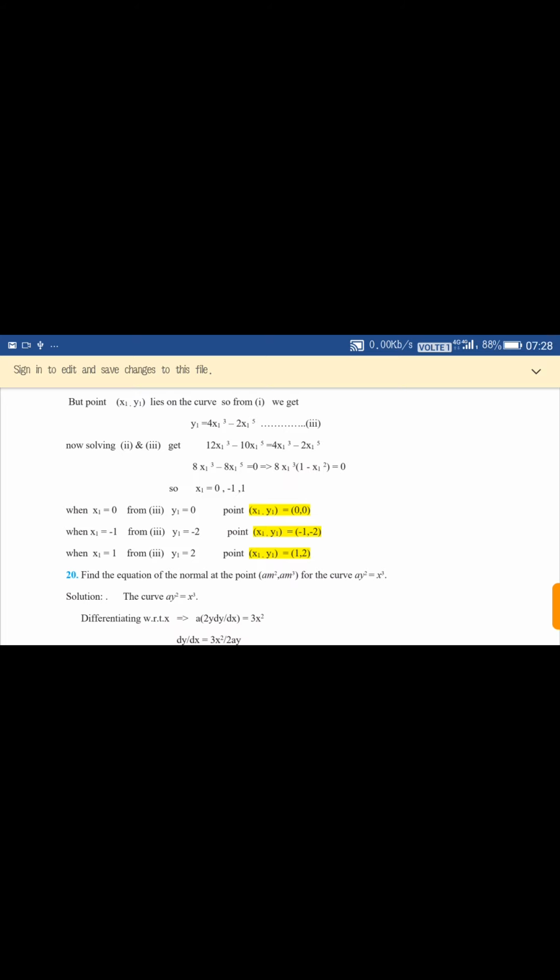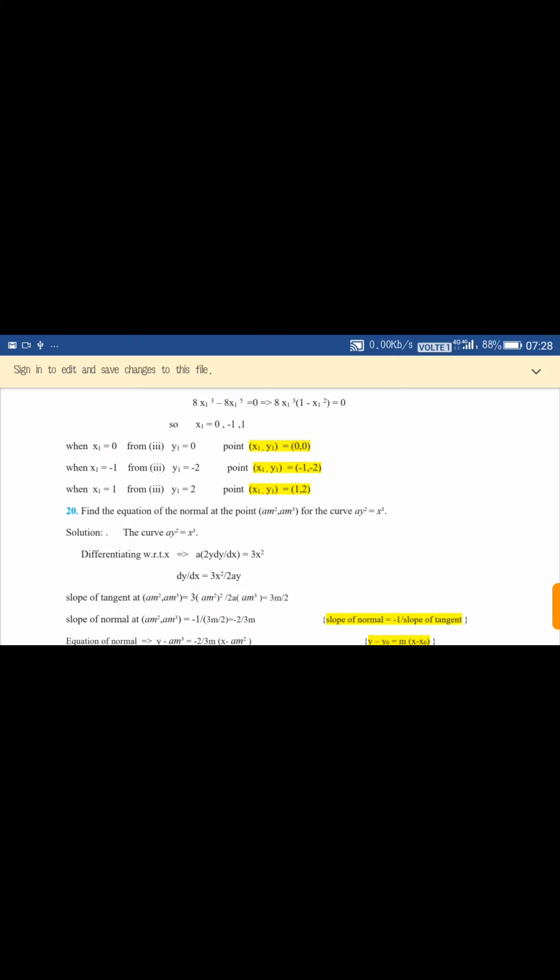Here the product of two is 0. So that will give you 8x1³ = 0, so x1 = 0. And similarly 1 − x1² = 0, so x1² = 1, so x1 = ±1. So we get three values of x1: 0, −1 and 1.